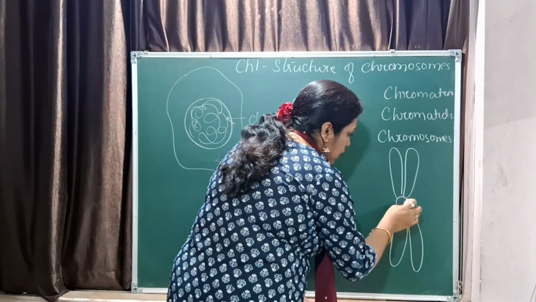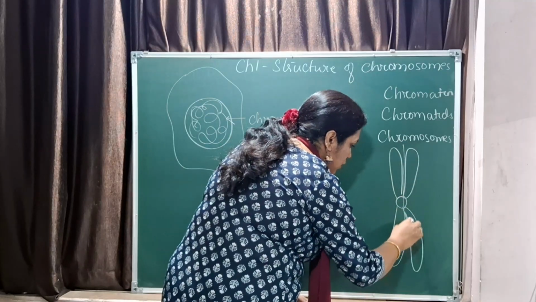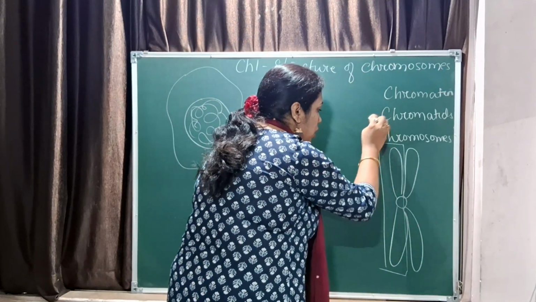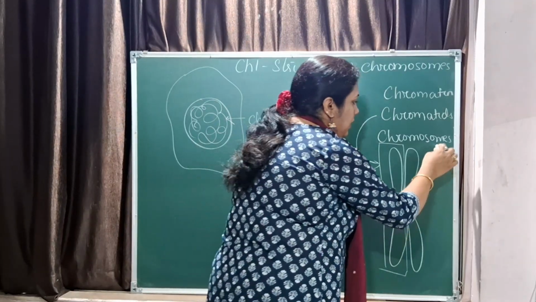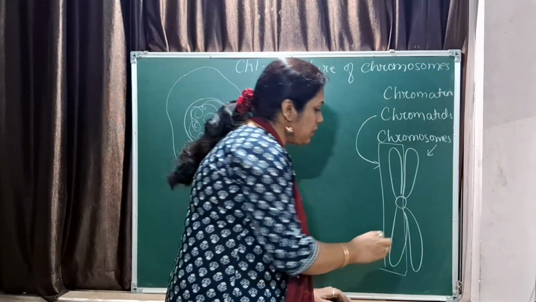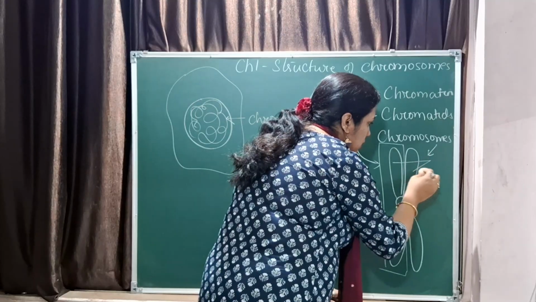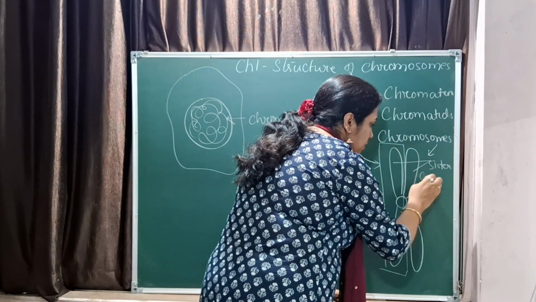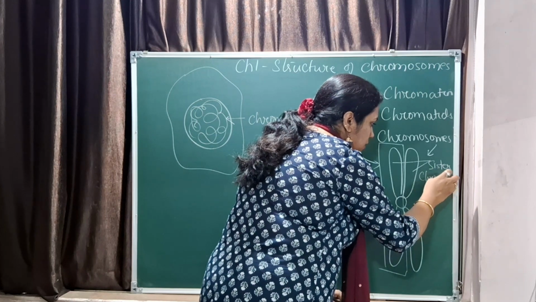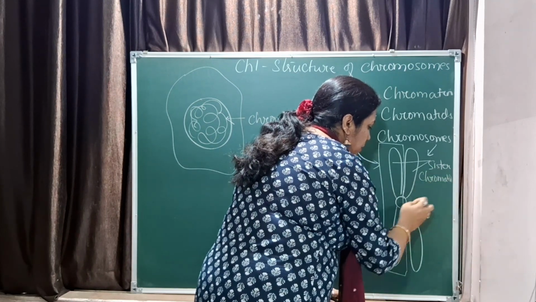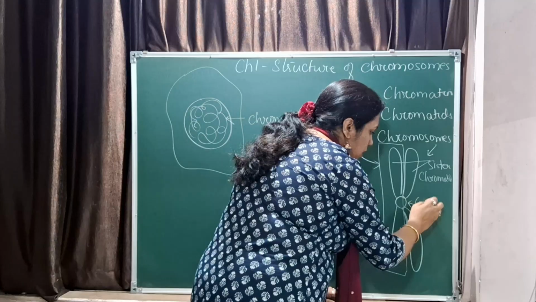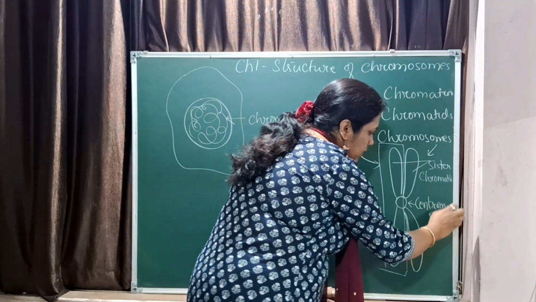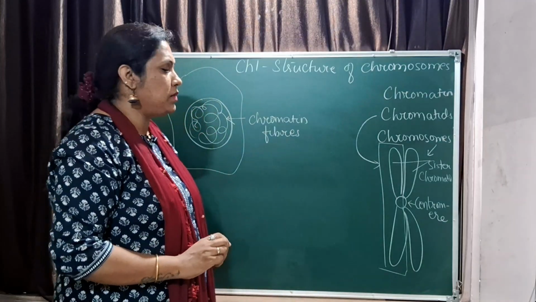This part of the chromosome is called the chromatids. The entire structure is chromosome. And these two things are called sister chromatids because they are exactly the same, you can say replica sister chromatids. And the point of attachment is called a centromere. Is this understood, the three terms?